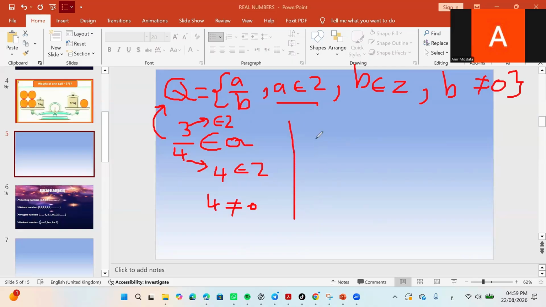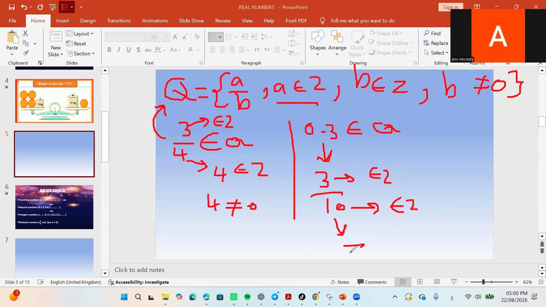Another example, 0.3. This belongs to Q. We can write it as 3 over 10. Our conditions: 3 belongs to Z, 10 belongs to Z, and 10 doesn't equal 0. So this is rational. Another one, 2 belongs to Q. Oh, 2? Yes.